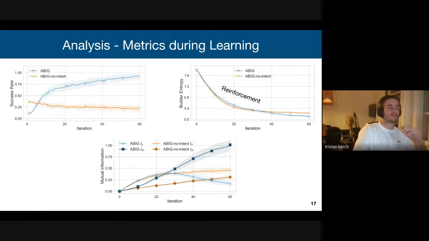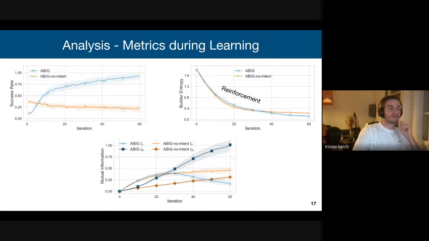If we have a small number of symbols, we cannot deal with this task. For instance, if we only have 2 symbols, there is a collapse. So we did a kind of ablation, which is not presented in this talk, where we can see the impact of the size of the vocabulary.